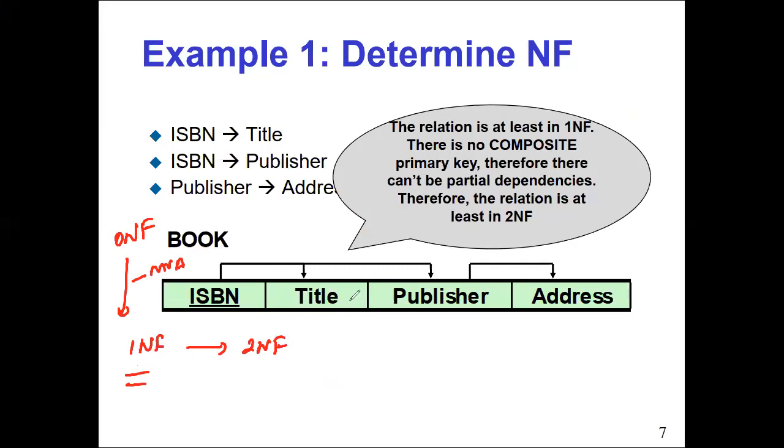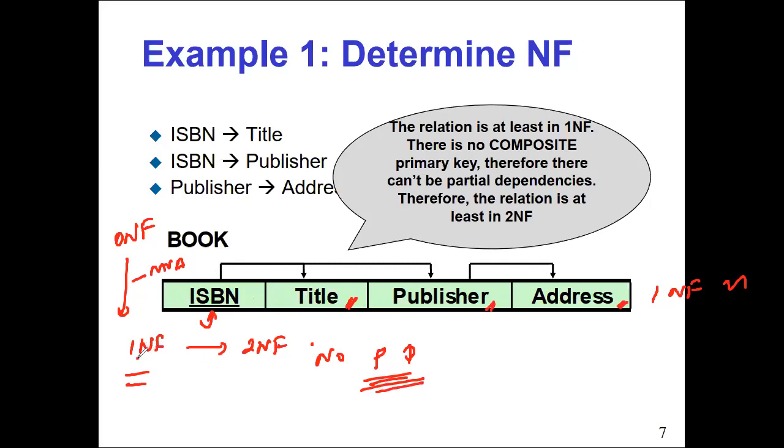See, all the attributes directly or indirectly depend on ISBN. So simply you can say this is 1NF, at least 1NF. Now you can see here no partial dependency. Do you have partial dependency? No, because you have only one primary key, no two things underlined. So you don't have any partial dependency, right?